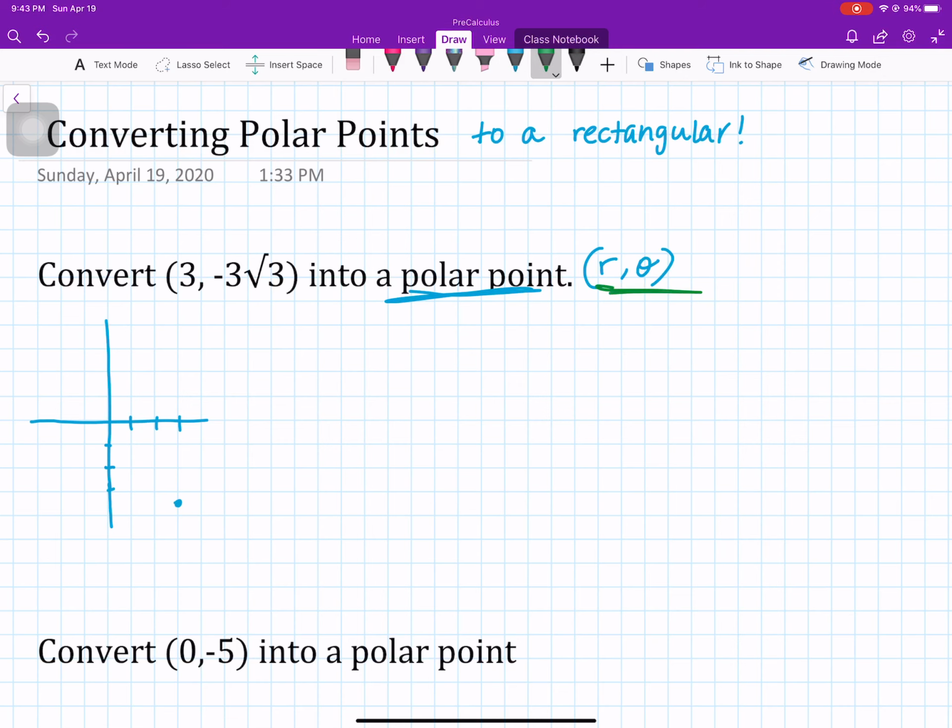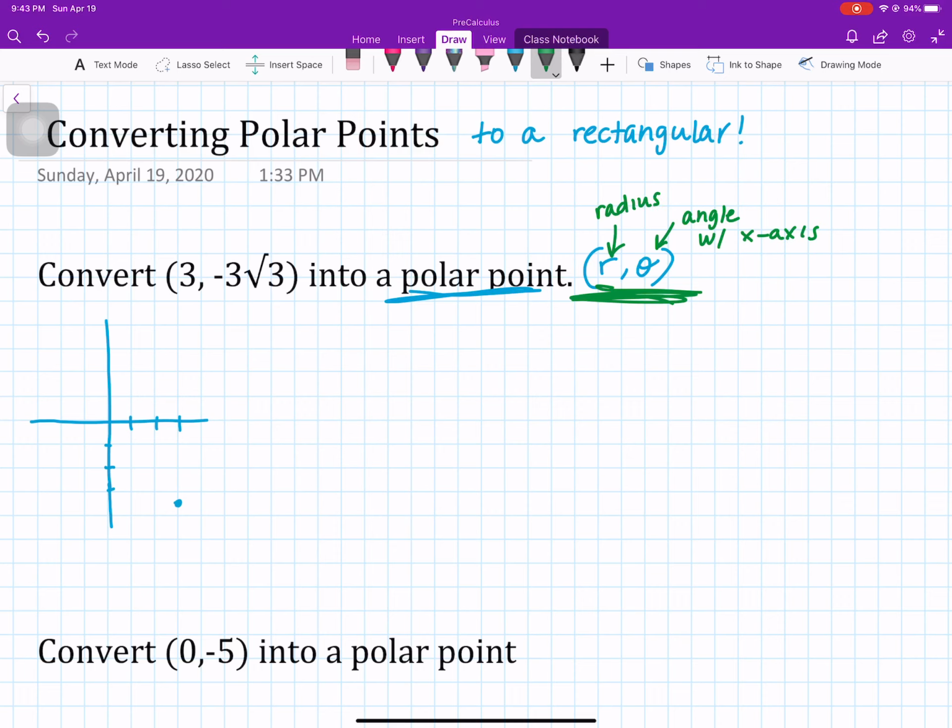So we want to find an r and a theta, which means I want the angle with the x-axis. And then I want to know the radius of the circle I'm on.